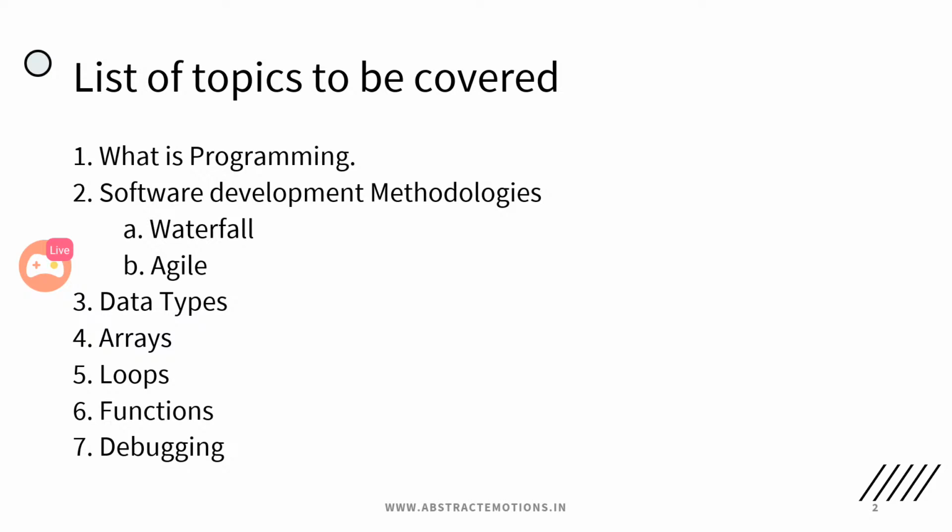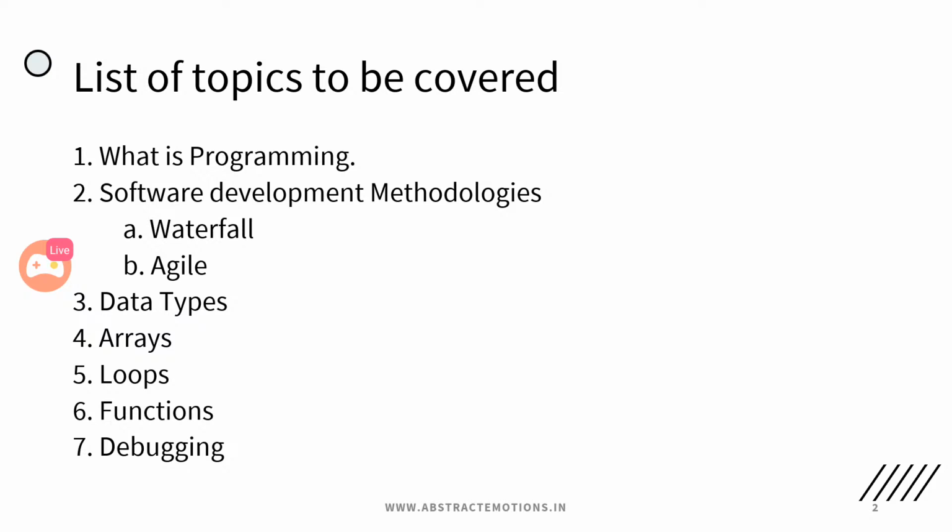Functions are the heart of any programming language. Debugging is an essential part, because without debugging no program can pass the test. Debugging is basically testing. You can say it's a grammar check for any language.